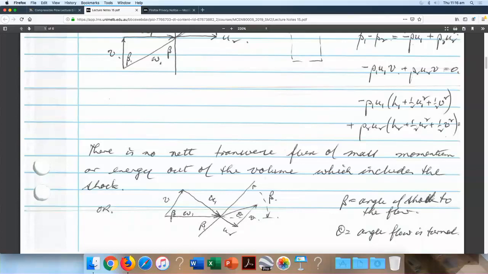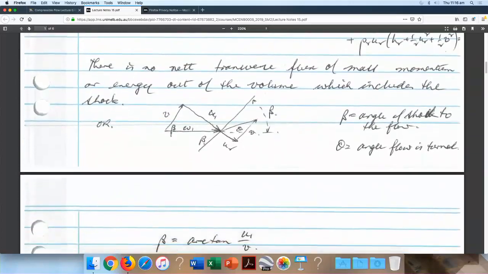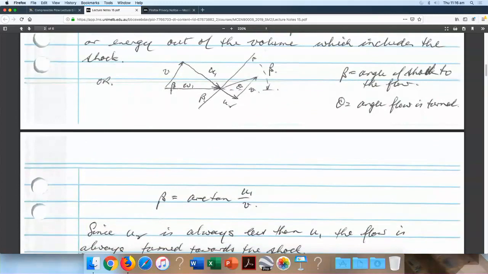So it's clear that beta is an angle whose tangent is u upon v. And since, and here's where I said what I said before, u2 is always less than u1, the flow is always turned towards the shock. If this is a real shock, then the flow is always turned towards the shock.